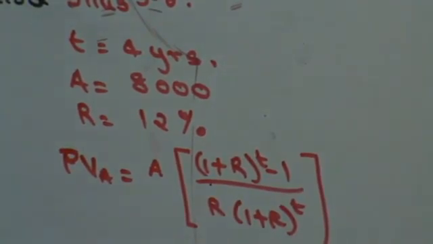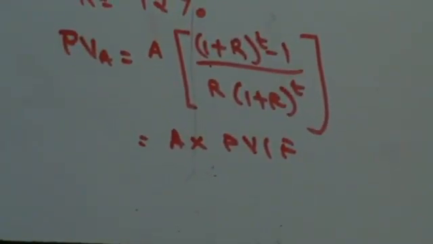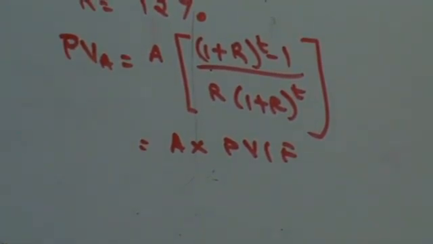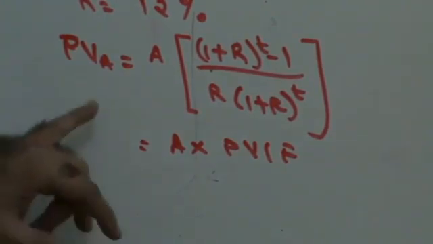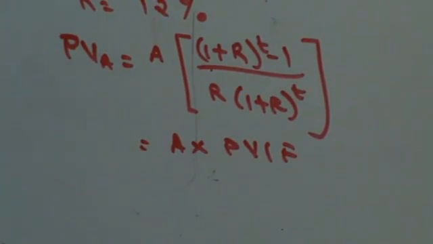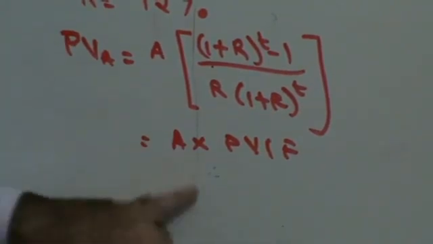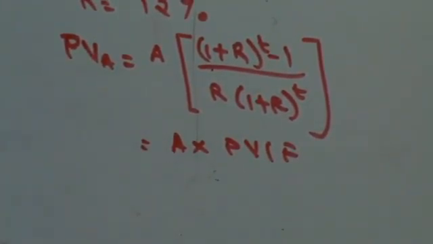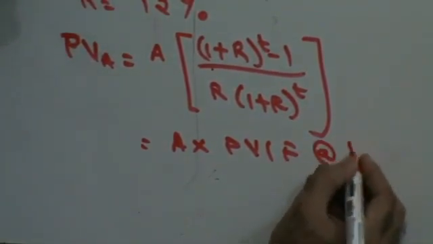Now, all this is nothing but your present value interest factor. The reason why I did not use the 5th formula is because there the future value was given to you. Here I want the present value. The 5th formula is a similar formula, but it gives you the future value of annuity. I want to know the present value of annuity, and that is the reason why I am using this formula. Right? At the rate of 12%.